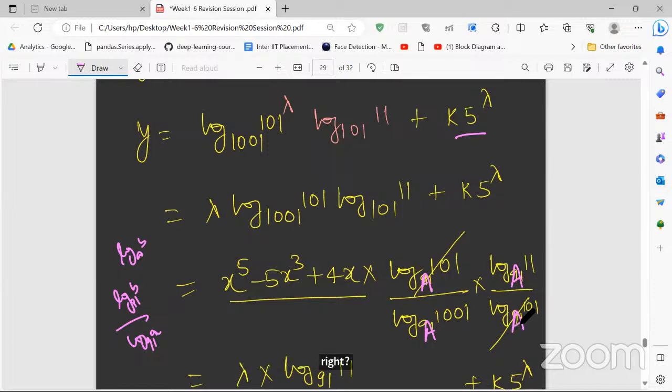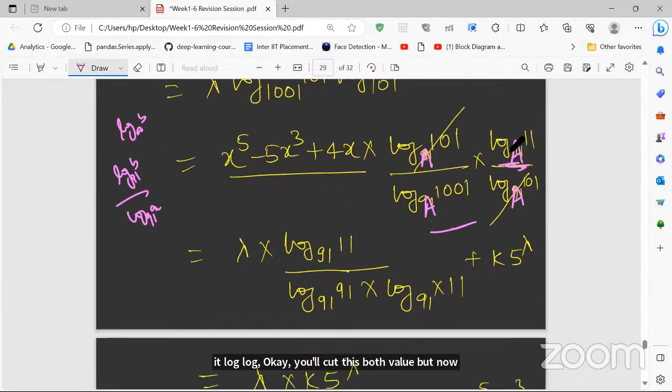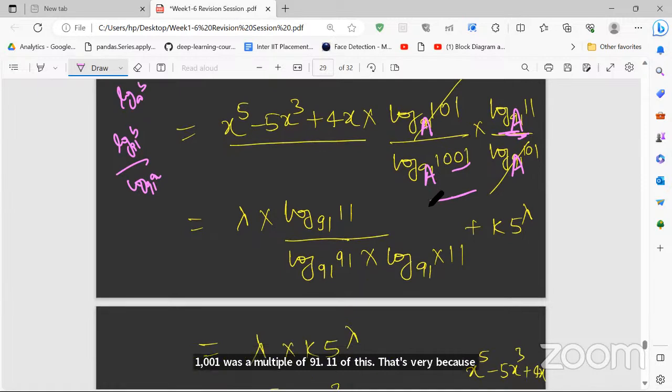But if you write log A, you'll cancel both values, but then you'll get stuck with this 2, because you are not aware of A, and you already know you can take any value of A. So why not take something that is a multiple? This question was framed in such a way that 1001 was a multiple of 91 and 11. We need to divide 1001 by 11, then find the 91.